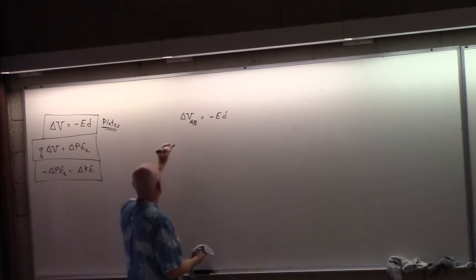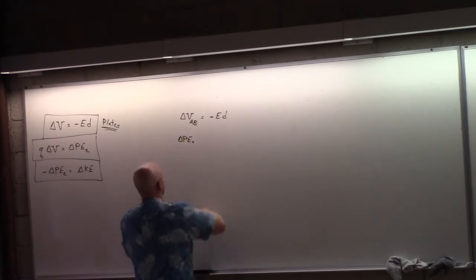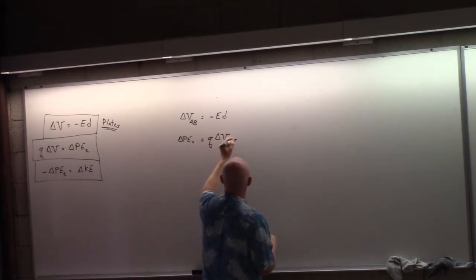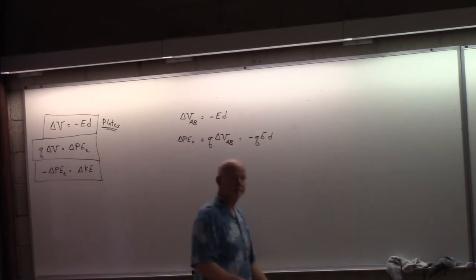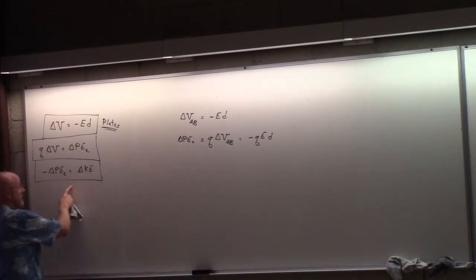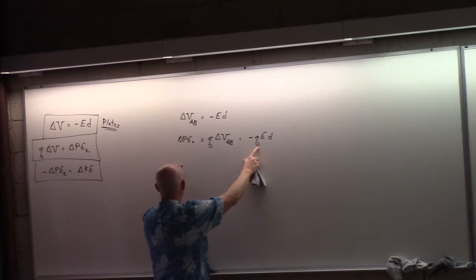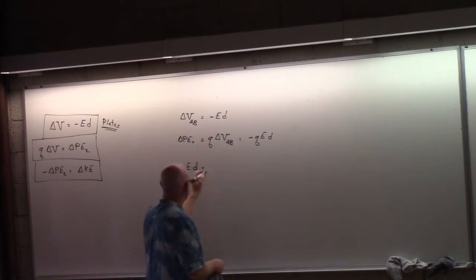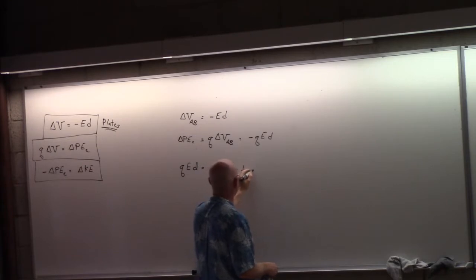And then I would say the change in potential energy, which is Q times the change in potential from A to B, would then be a negative QED. And then I would take this next step and say, okay, take the negative of that and set it equal to the change in kinetic energy. So the negative of this would be just a QED, and the change in kinetic energy would be 1/2 mv final squared minus 1/2 mv initial squared.